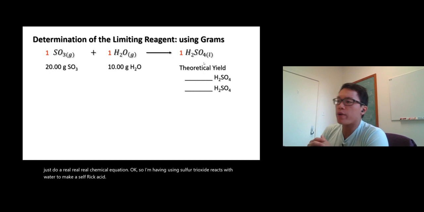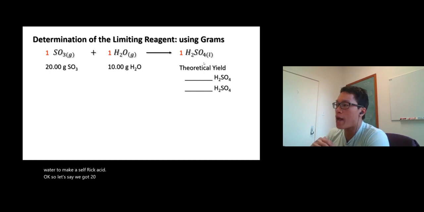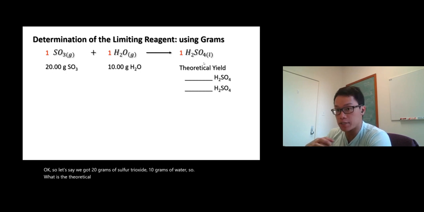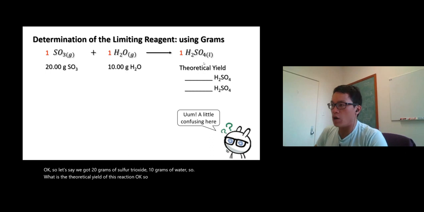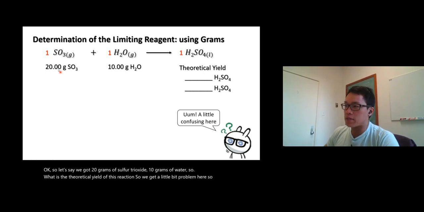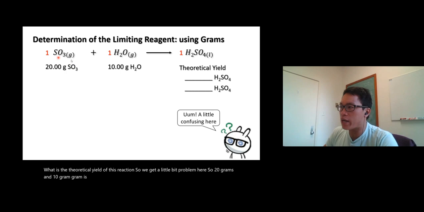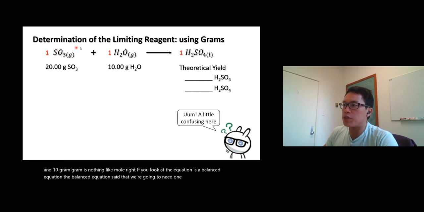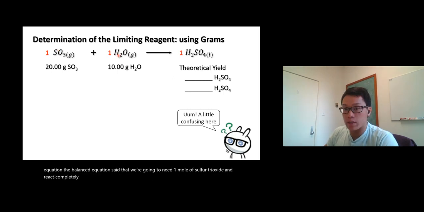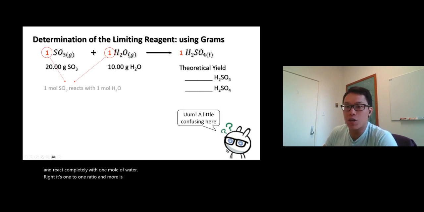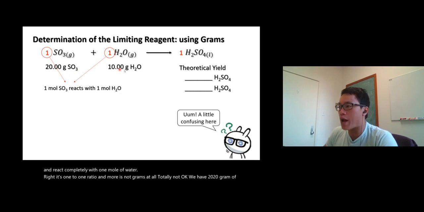Let's say we got 20 grams of sulfur trioxide and 10 grams of water. What is the theoretical yield of this reaction? We have a little problem here: 20 grams and 10 grams. Grams are nothing like moles. If you look at the balanced equation, it says we're going to need 1 mole of sulfur trioxide to react completely with 1 mole of water. It's a 1-to-1 ratio, and moles are not grams at all. Totally not.